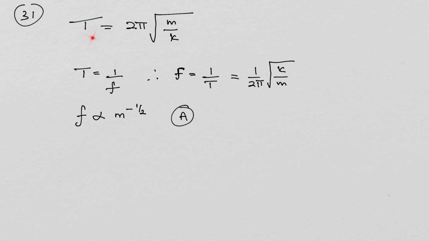31. The frequency of oscillation of a vertical spring is F when the mass hanging from the spring is M. What is the relationship between F and M?